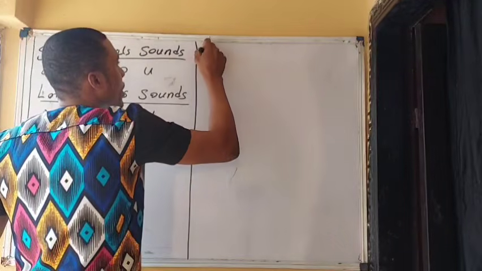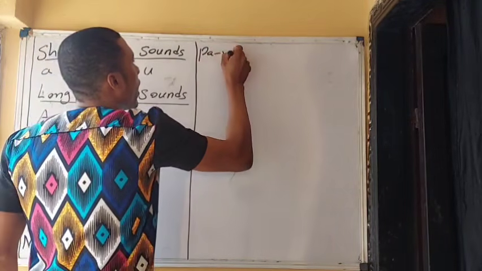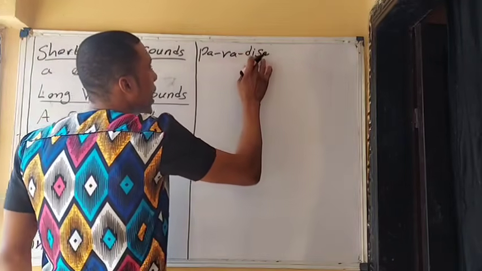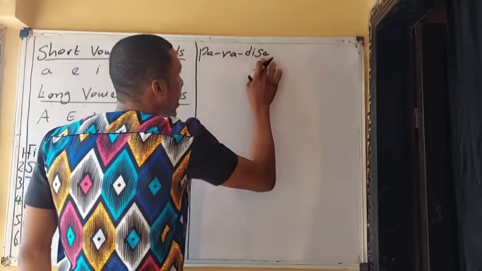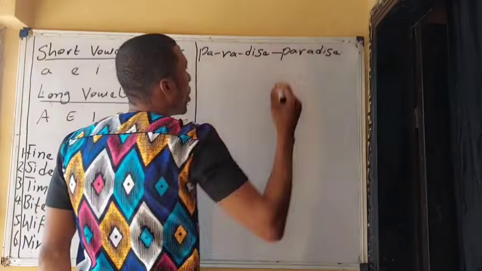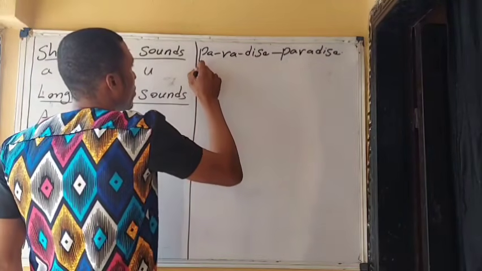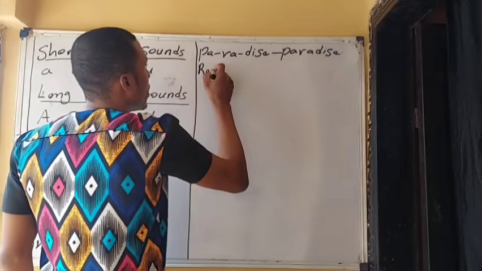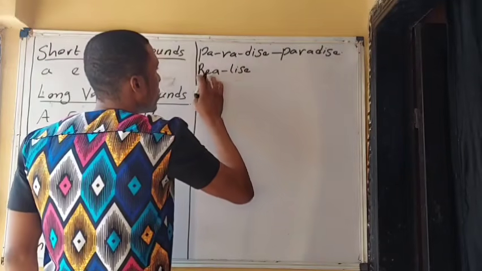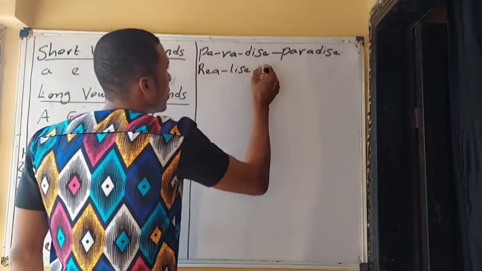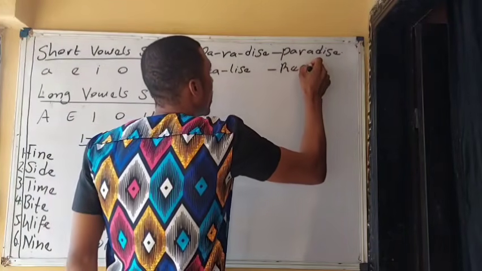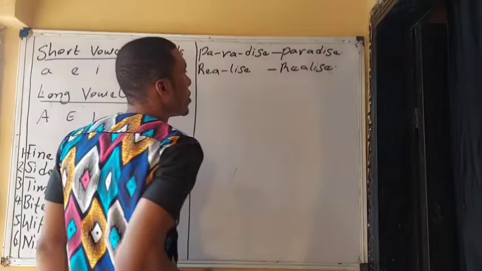Next, we have pa is "pa", ra is "ra", then d-i-s is "dies". So if we bring it together, it becomes what? Paradise. Next, we have re is "re", a, l-i-z-e is "lies". If you bring it together, we have realize.